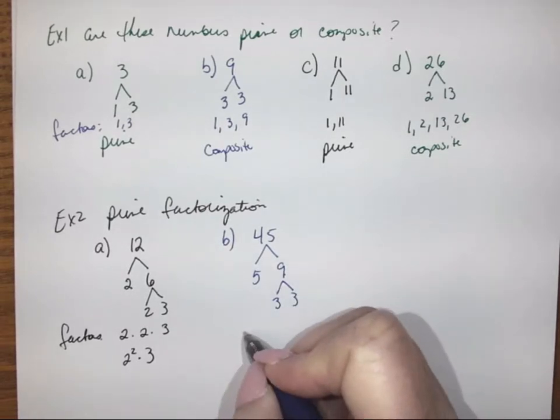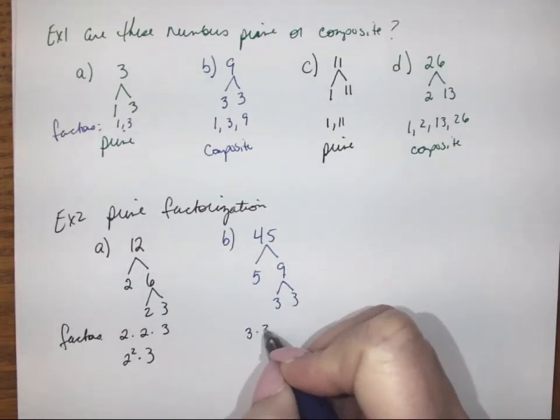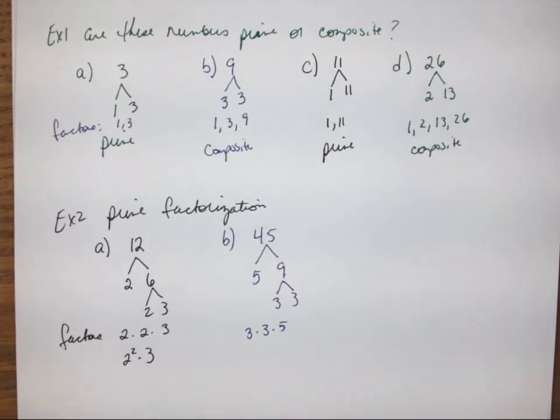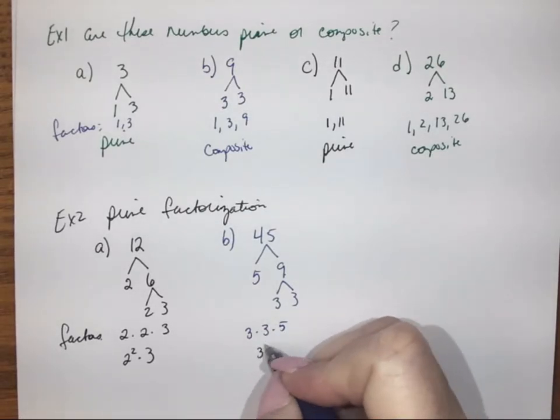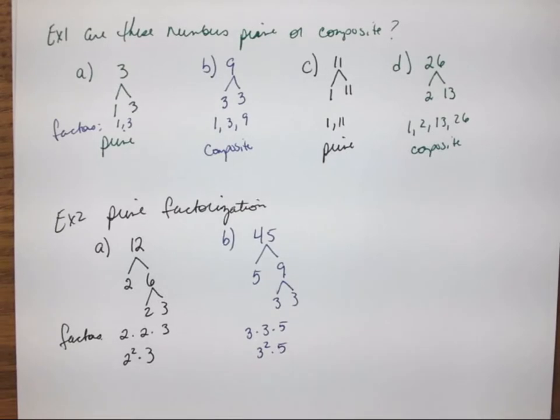So I'm going to end up with 3 times 3 times 5. You don't have to put them in numerical order, but it helps if you group them that way so you can see how many you have of each. I have 2 3's, so this will be 3 squared times 5. And you can check this with your calculator. You could multiply 3 times 3 is 9, times 5 is 45. So you can make sure you actually got all the factors correct.